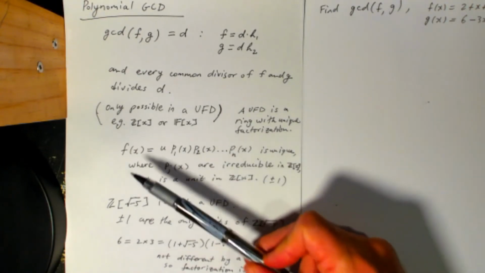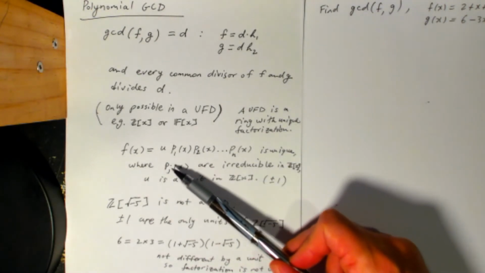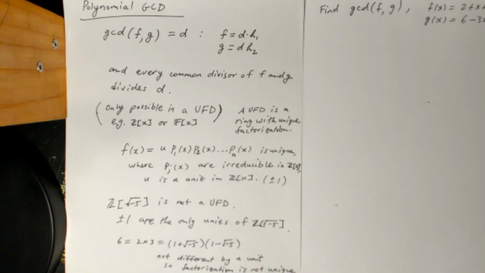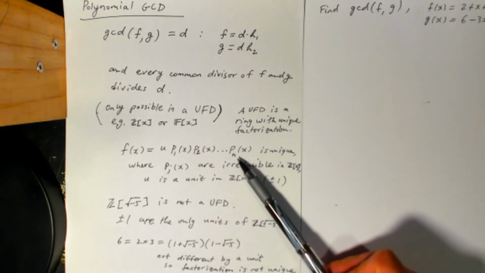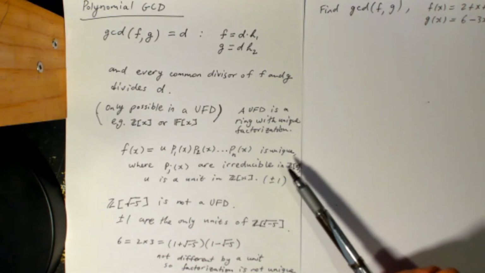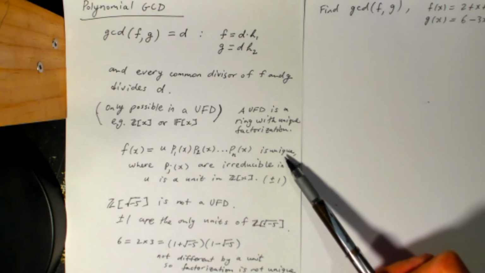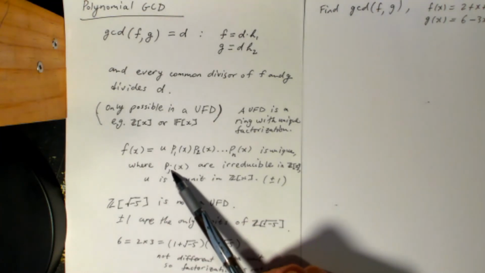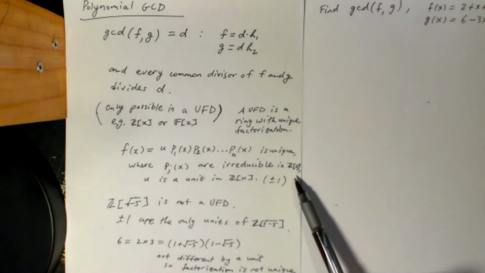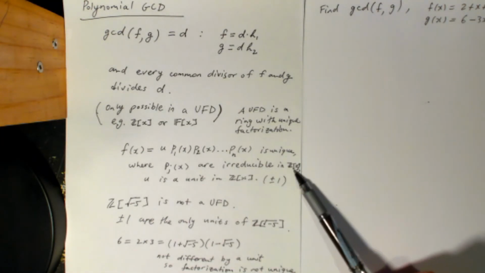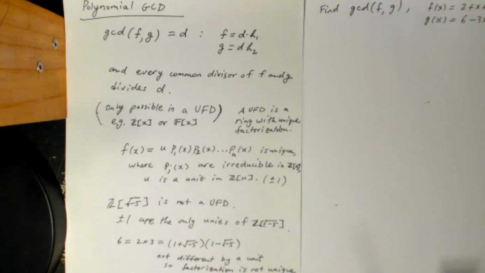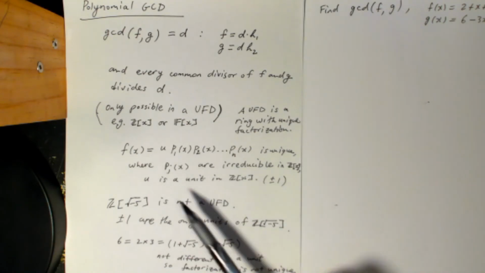Now if we have f of x is equal to u times polynomial p1 times p2 times dot dot dot times pn, this is unique where the pj are irreducible, meaning if you try to factorize them, you only get themselves. And u is a unit.